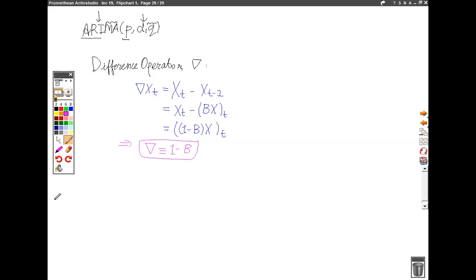Okay, so now let us try to see what happens if we have the square of the difference operator on xt. What will it be? Delta of (xt minus xt-1).